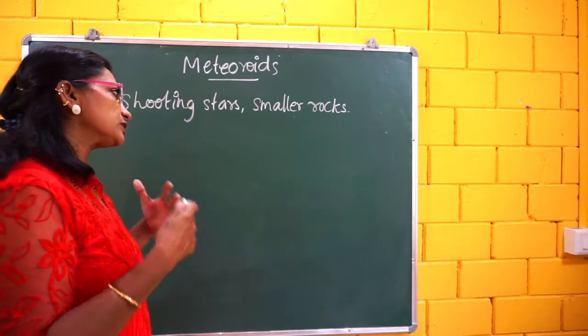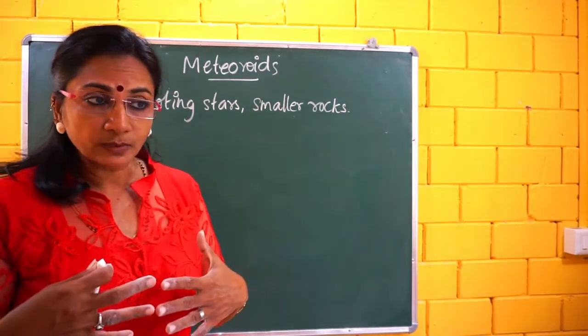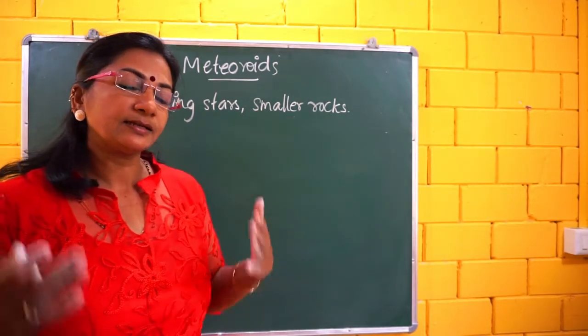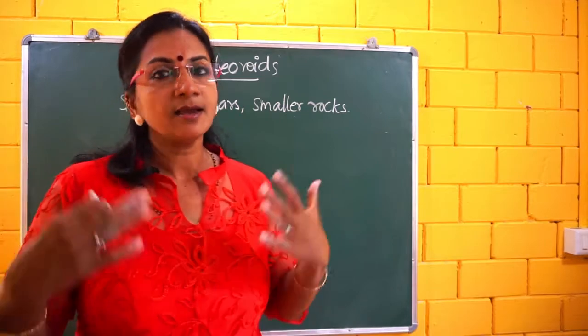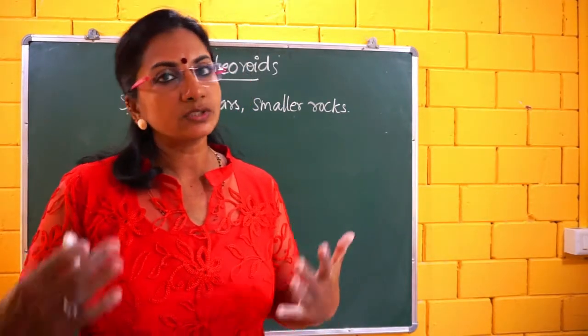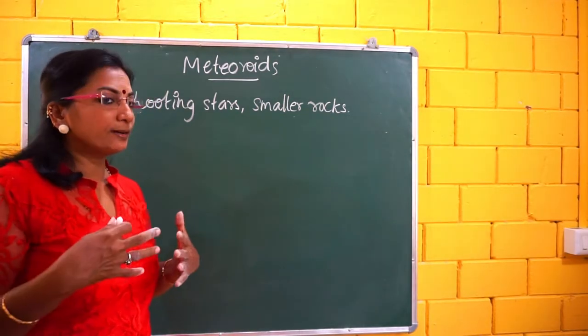Due to the gravitational pull of the planets, these meteoroids come into our sky, and what happens? If any meteoroid comes into the Earth's sky, we know that oxygen is there, and oxygen has the tendency to burn.